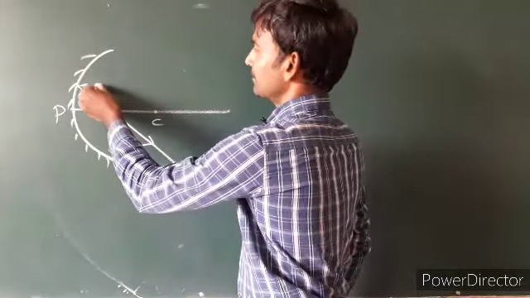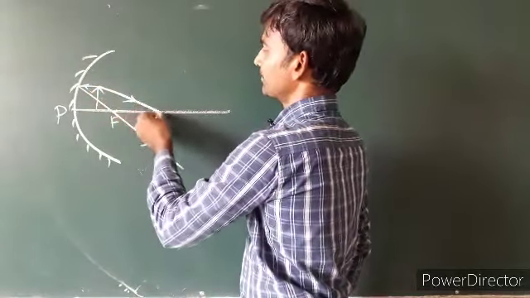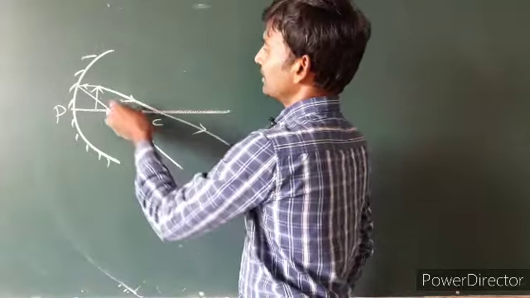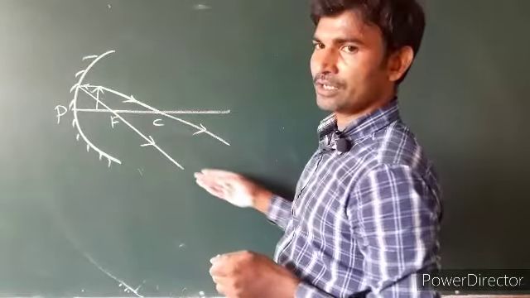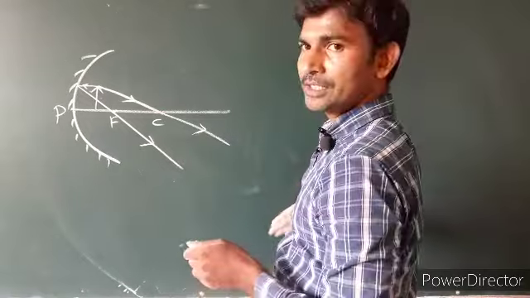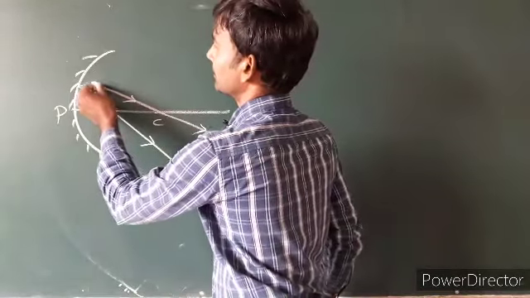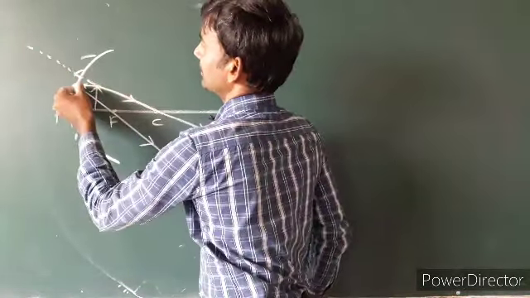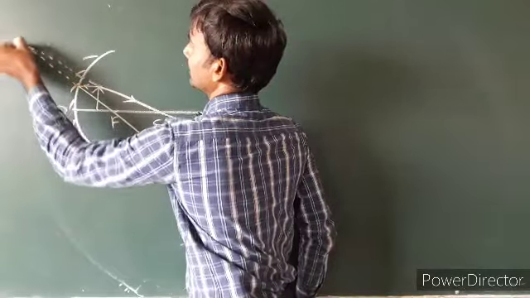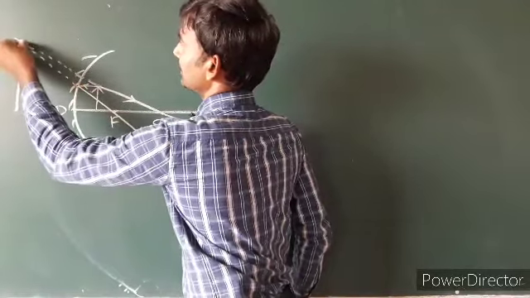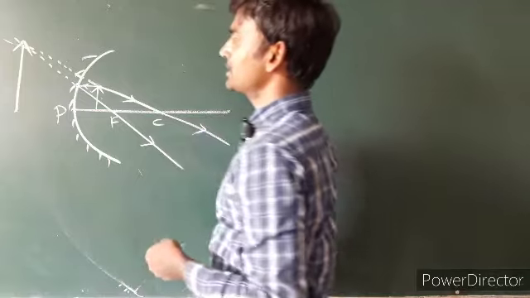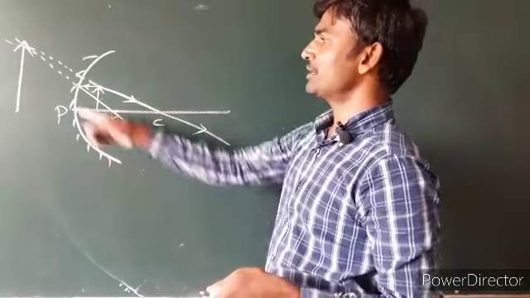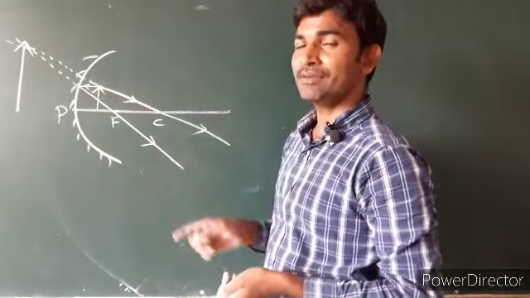The next one passes through the center of curvature, but it goes this way, and these are not intersecting outside the mirror. But if you extend them, here they intersect. This is the intersection point, so we get the image here. Which kind of image is it?